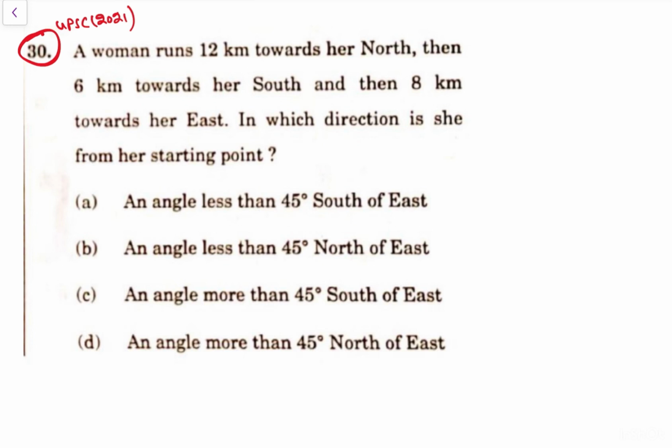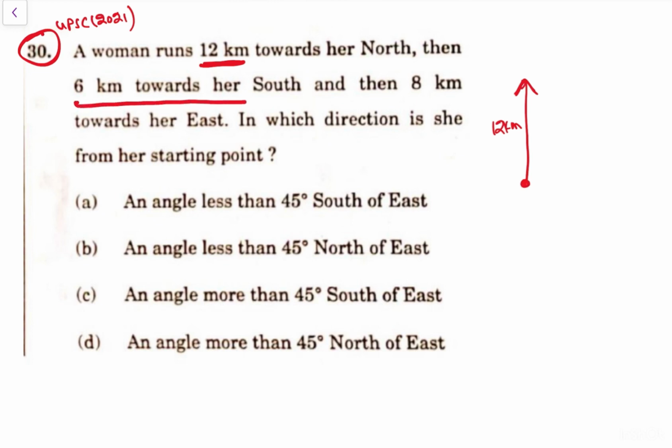The question: a woman runs 12 kilometers towards her north. North is this side, right? So running for 12 kilometers towards her north, from here to here is 12 kilometers.